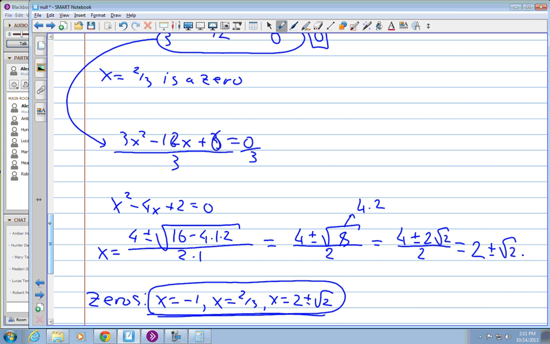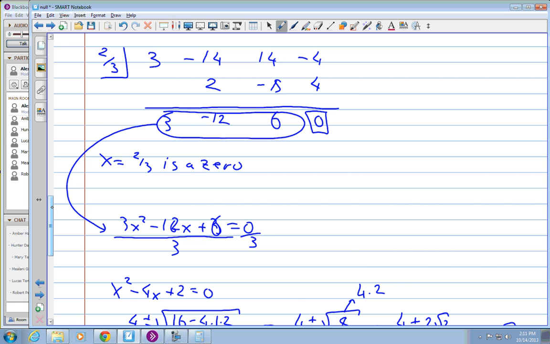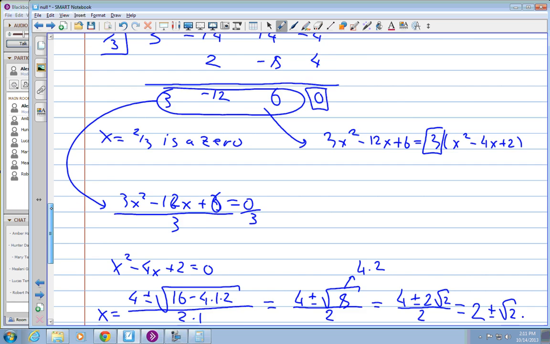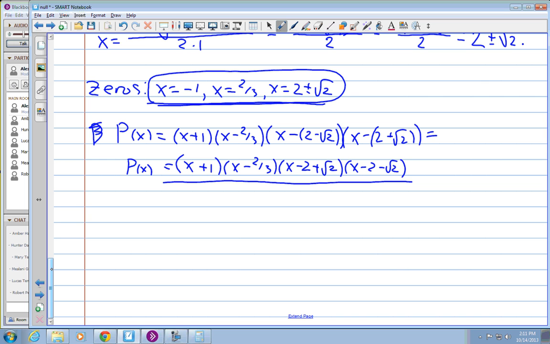But it really means that 3 is also a factor, because this quotient, 3x squared minus 12x plus 6, is 3 times x squared minus 4x plus 2. So 3 is also a factor of our polynomial. So when I wrote this last statement, it does not equal the original problem. I'm missing that 3 here. So it needs a multiple of 3.